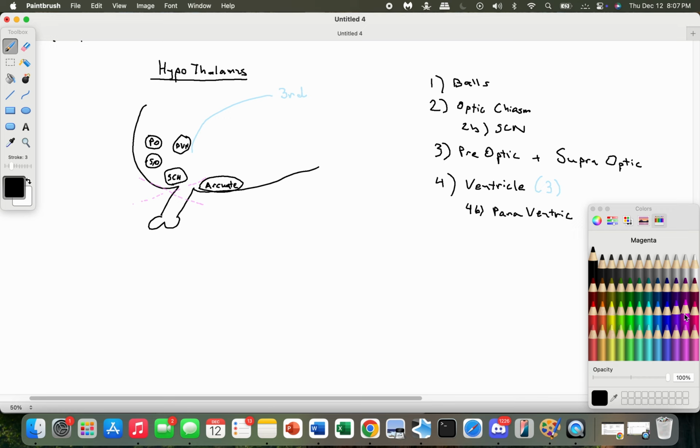Let's write that in. Cafeteria. So you can actually thank our classmate Cameron for giving you this mnemonic. And the reason we call it the cafeteria nuclei is because all the nuclei down here are somehow involved in metabolism.